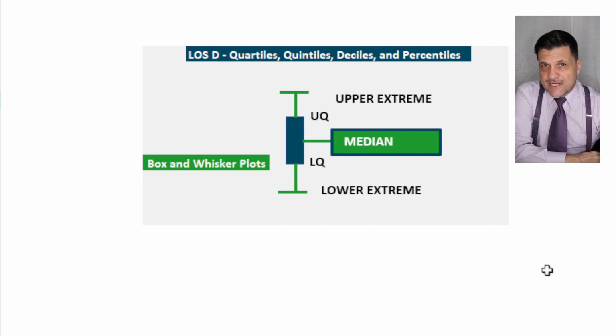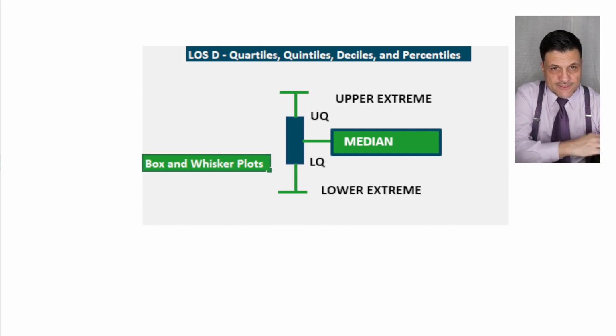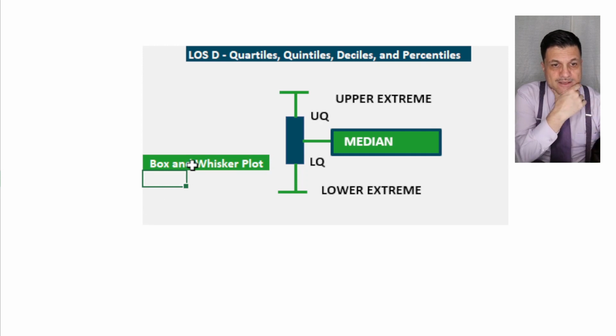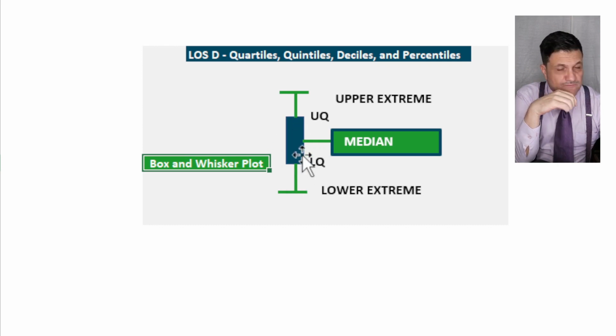Because that's how your exam, the CFA exam, is going to be reported to you, more or less in this format. This is called the box and whisker plot. Right, the box and whisker plot. So you're going to get this rectangle in blue.